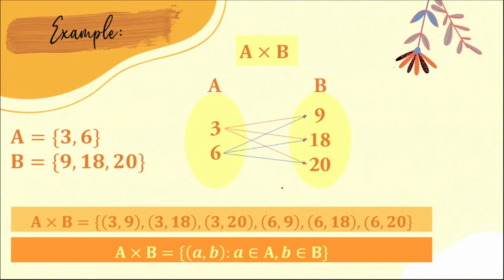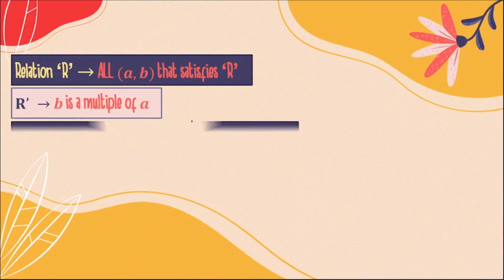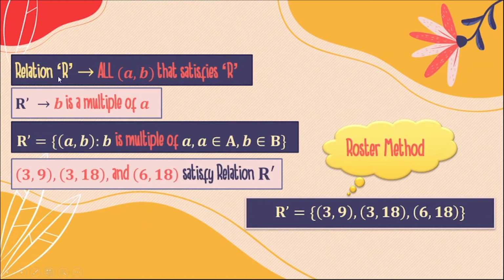Now, let's introduce a relation R. Relation R gives us a set of all ordered pairs that satisfy a relation. It could be any relation.